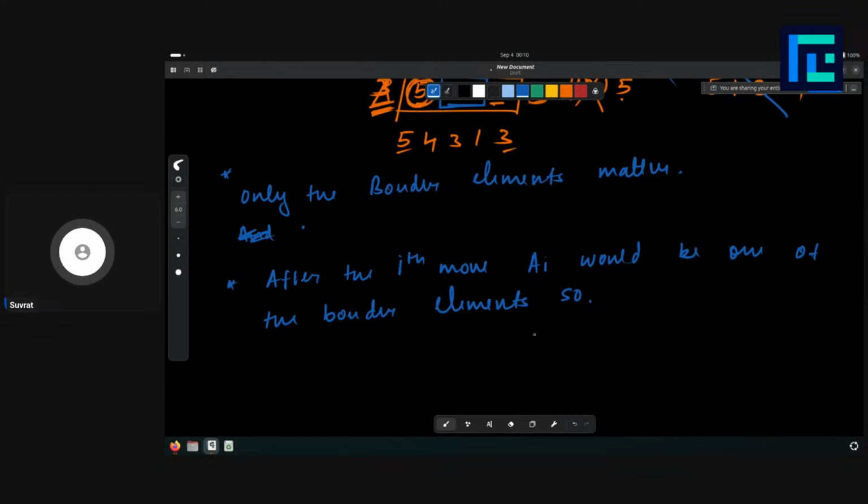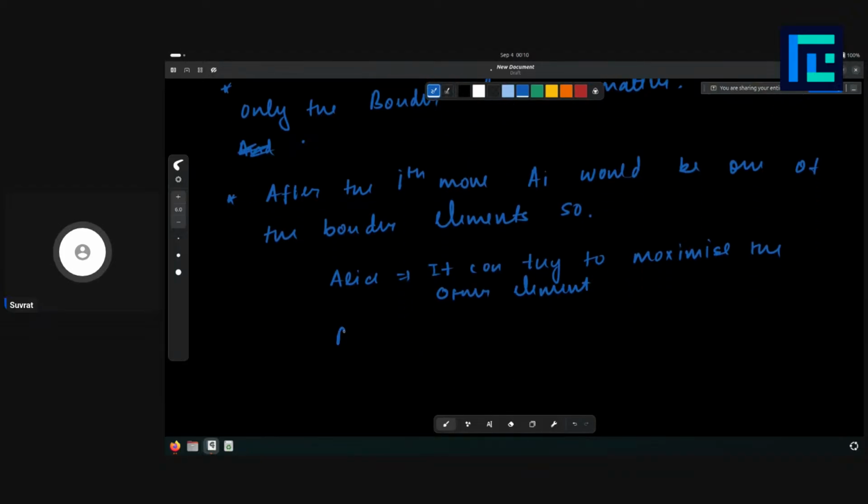Using this observation, we can say that when Alice is moving, she can try to maximize the other element, and when Bob is moving, he can try to minimize the other element.